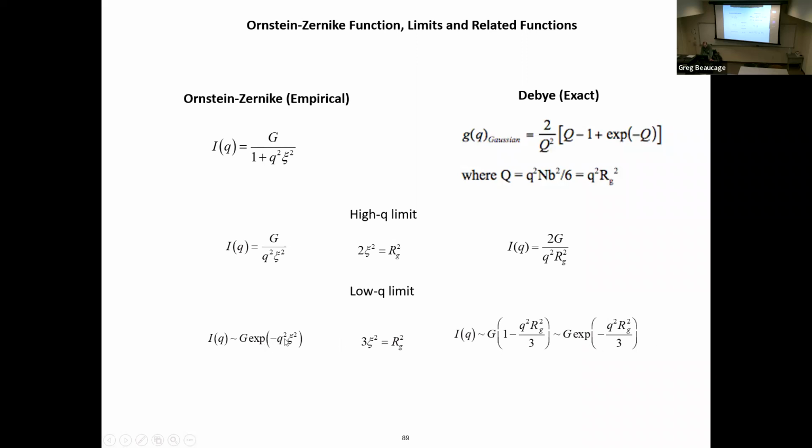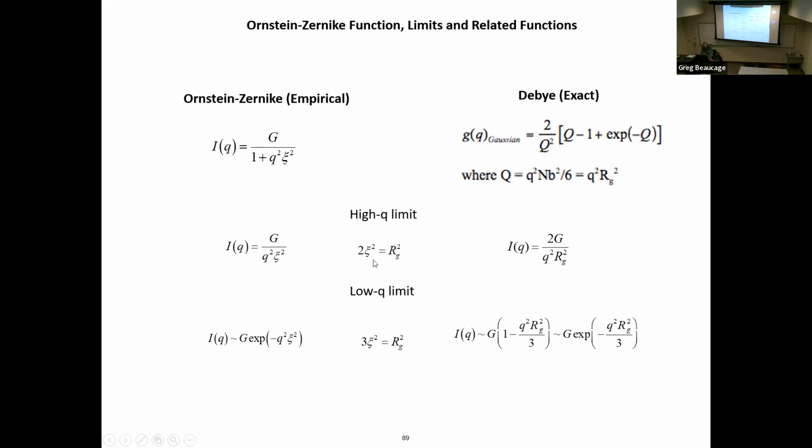If you did that, you'd find that this correlation length that Ornstein talked about, but this function is bogus, it's just made up, ends up giving you 3 times that equals Rg squared. If you compare this and that, 2 times that is Rg squared. So this is the actual calculated thing for polymers, and this is a bogus fitting function.